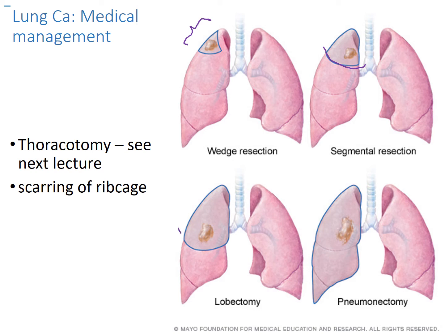You might see a lobectomy, where they're taking out the whole section of the lung, and one of your case studies will be a patient who had a lobectomy. And pneumonectomy is where they're removing the entire lung, which is quite drastic, but it can be done.